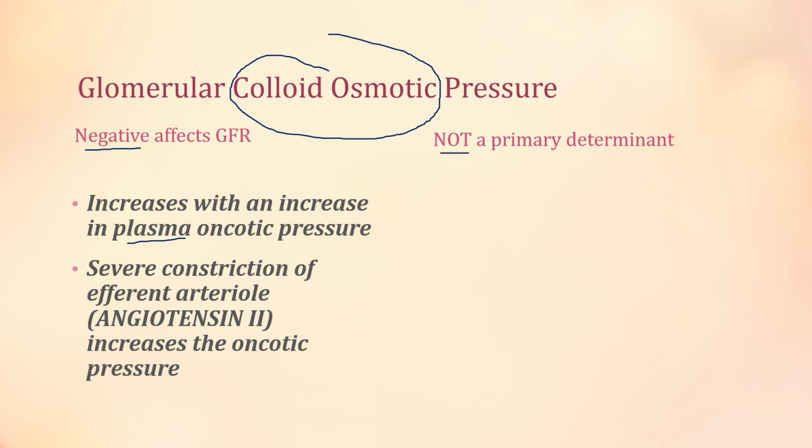So severe constriction of the efferent arteriole, if it occurs when angiotensin 2 increases more than 3 times, increases the colloid osmotic pressure and it decreases the GFR. Angiotensin 2 can cause severe constriction of the efferent arteriole, which goes away from the glomerular capillaries.